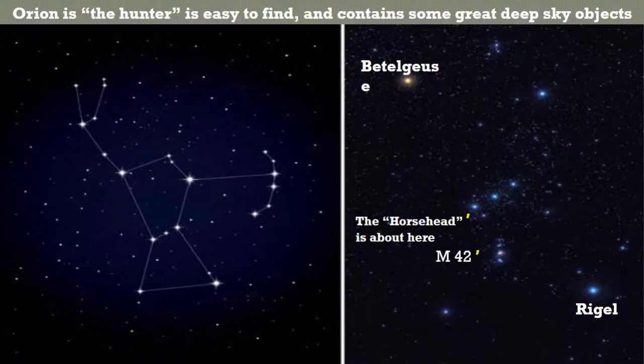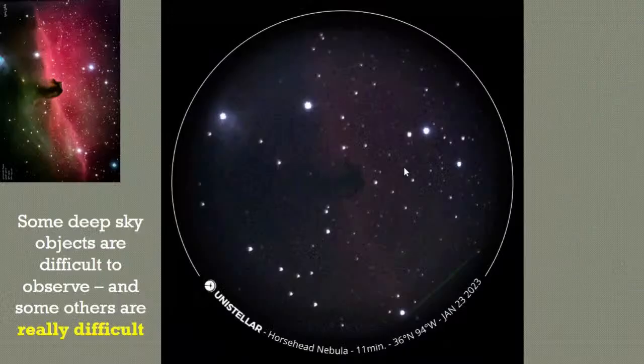This is the Horsehead. And this is what Jay did with an 11-minute exposure. You can see the Horsehead right here a little bit. That's what it looks like if you have a Hubble with enhanced optics and computer graphics.